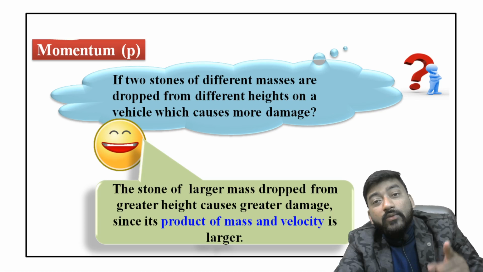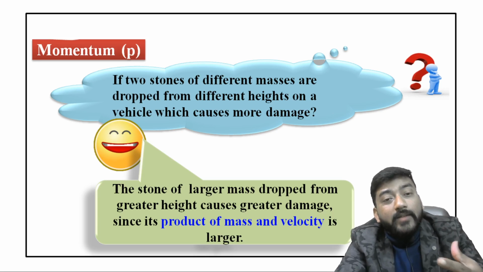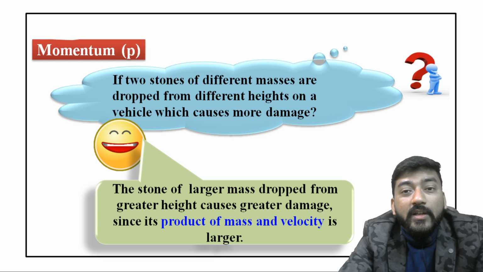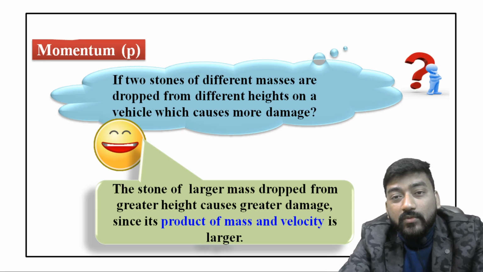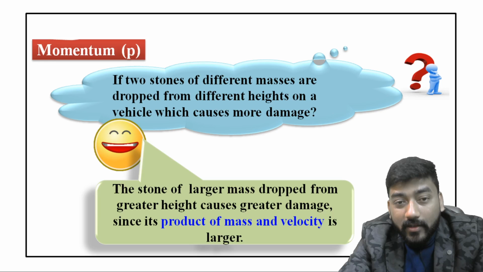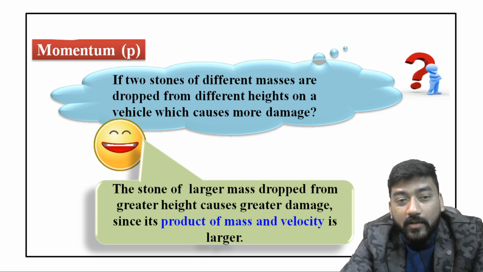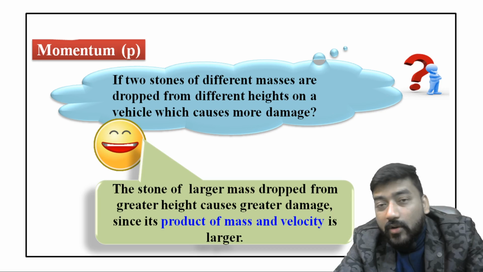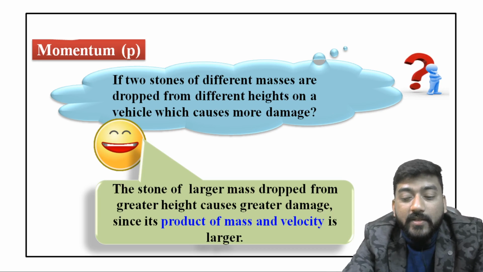The physical quantity contained within the motion that causes this damage is named momentum, and it is mathematically defined as the product of mass and velocity.